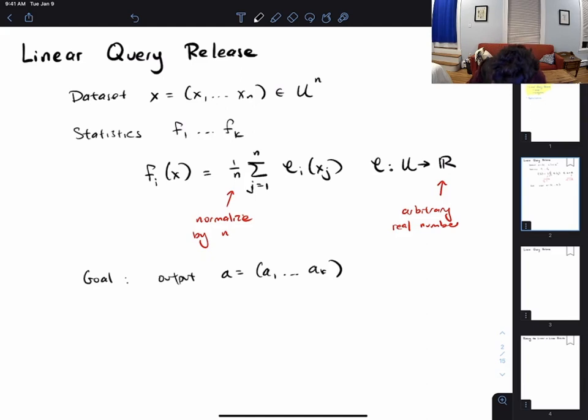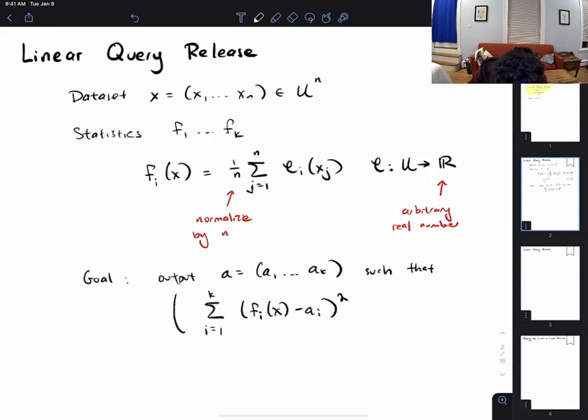So what I mean by that is I now want the sum over all the queries i of f_i(x) minus a_i, squared, to be less than alpha. So this is the L2 norm of these vectors.